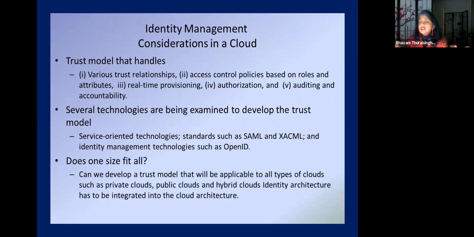So you just can't go and access the cloud, right? You need to be authenticated, right? And then you need to have the proper authorization to access all of the resources in the cloud. So this is identity management for a cloud, or in a cloud, or whatever. That's what I'm talking about.